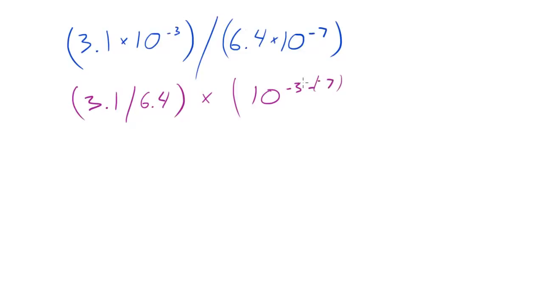I might want to surround those by parentheses. So negative 3 minus negative 7, let's figure out each side of these. 3.1 divided by 6.4 equals 0.484 times 10 to the negative 3 minus negative 7. What we're basically saying is negative 3 plus 7, so it's 10 to the fourth.